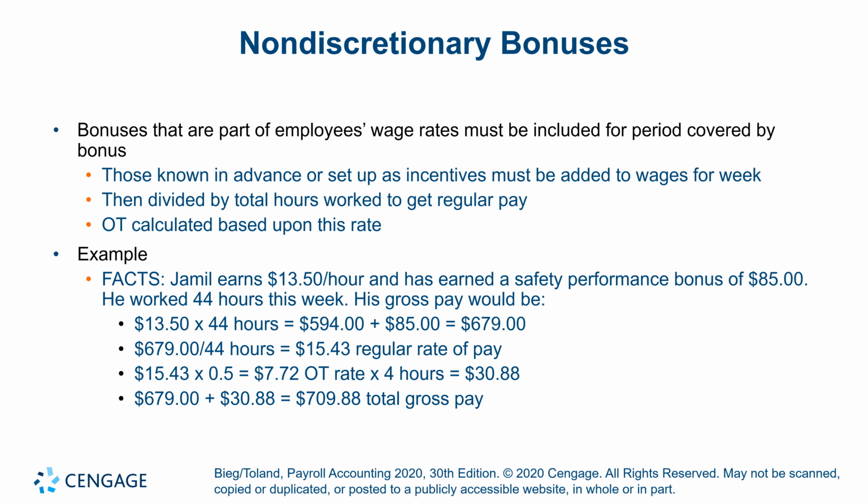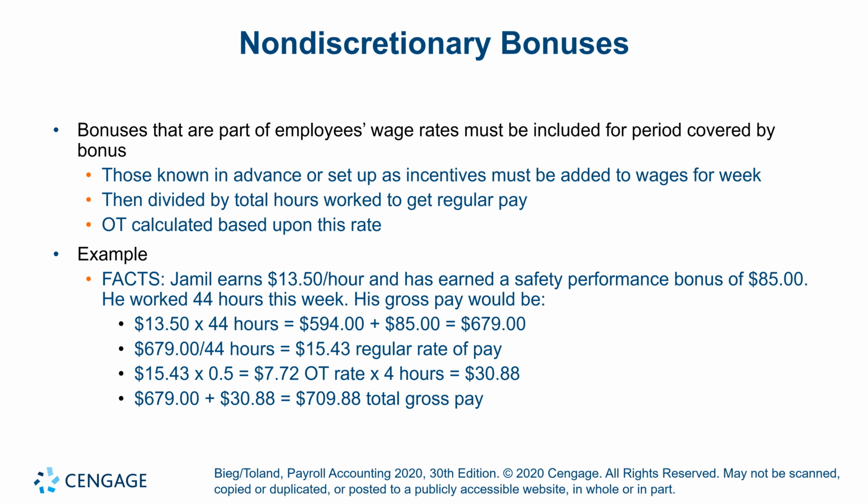Non-discretionary bonuses. Non-discretionary bonuses are bonuses that, again, are already agreed to ahead of time. These are bonuses that are known in advance or set up as incentives, and then must be included in the period covered by the bonus. Here's our example. It says Jamil earns $13.50 per hour and has earned a safety performance bonus of $85.